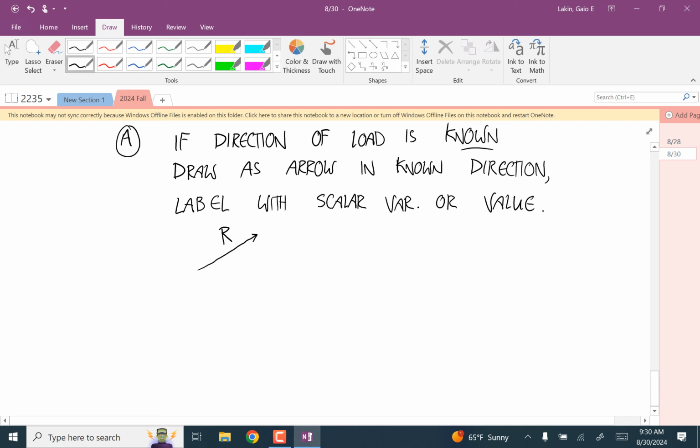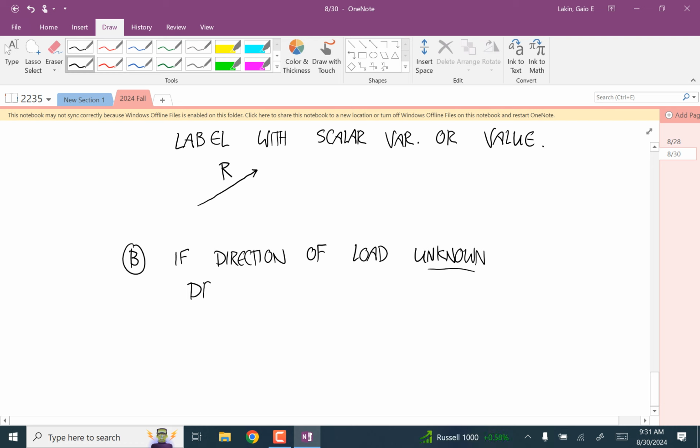Okay, if the direction is unknown, that happens sometimes too. So if the direction of the load is unknown, draw those forces as a small sort of coordinate system, and label it with a vector variable or value.